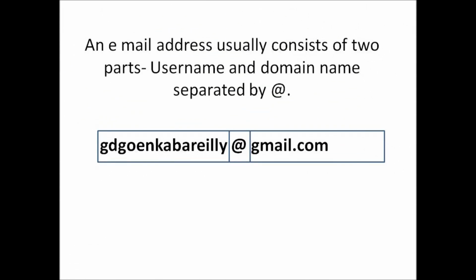An email address usually consists of two parts. The first part is the username and the second part is the domain name. Both the parts, username and domain name, are separated by @. Like in the previous example, gdgoenkabareli@gmail.com, gdgoenkabareli is the username and gmail.com is the domain name, separated by at.